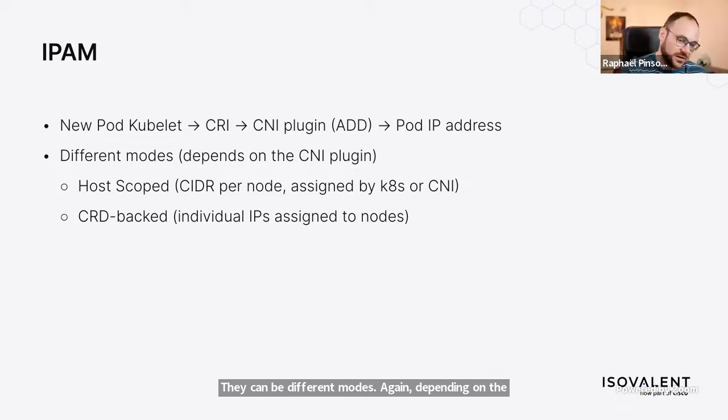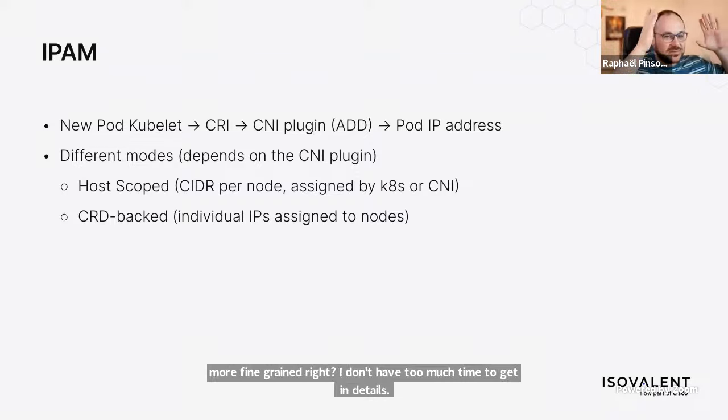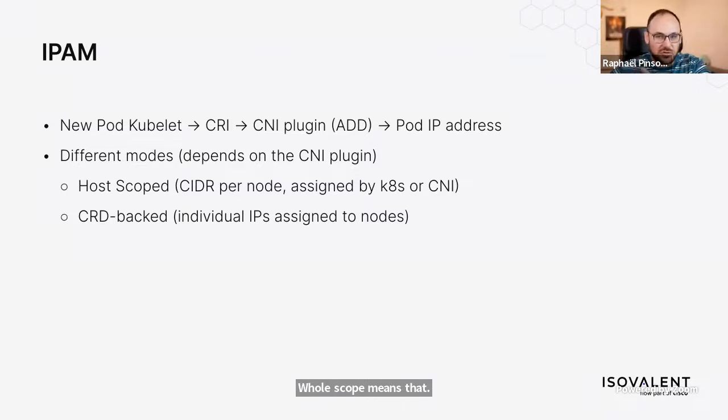In the context of Cilium, typically we have two main modes. There's more fine-grained, right? I don't have too much time to get into details. Host scope means that we actually assign one CIDR per node. Usually you take a big CIDR, like 10.0.0.0/8, so typically what we used to call a class A network, right?